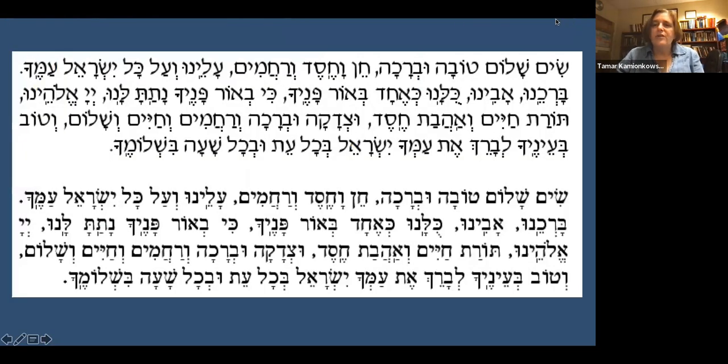All right, so the prayer itself, Sim Shalom. What I'm giving you here is the same text in two different Hebrew fonts. Something that beginners to Hebrew often struggle with is the fact that there are slightly different fonts in Hebrew. The one on the bottom is closer to what you will tend to find in most Sidurim, in most prayer books, and in the mahzor, the high holiday prayer books.